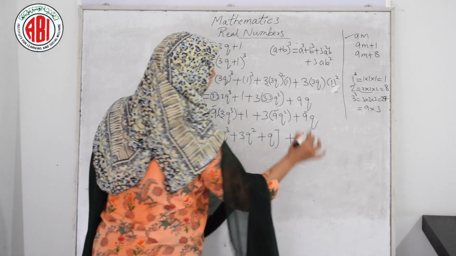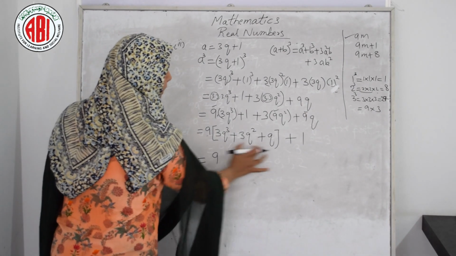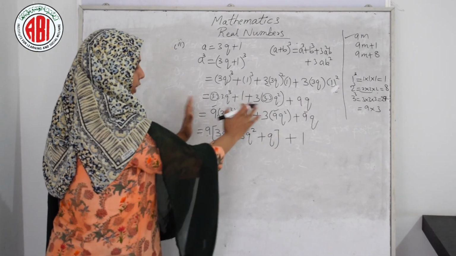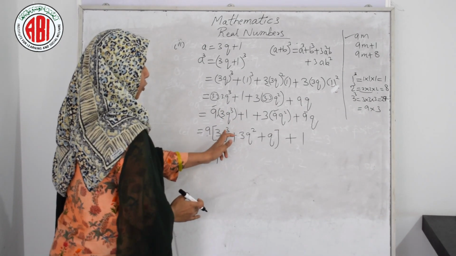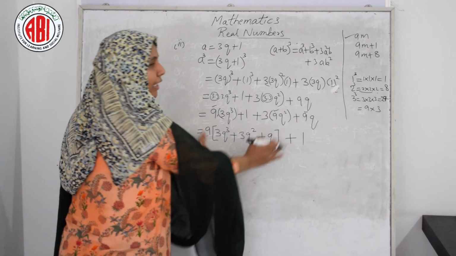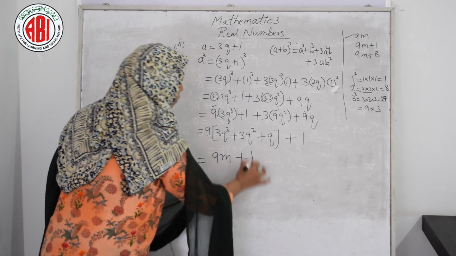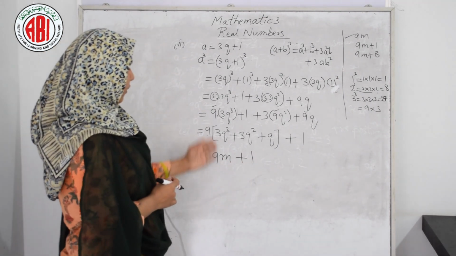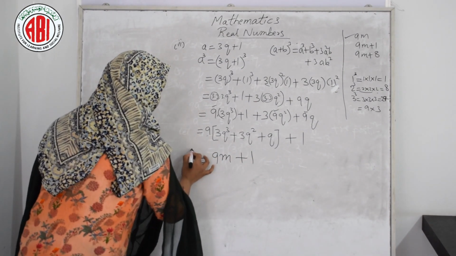So plus 1. So this is equal to 9 into 3q cube plus 3q square plus q, plus 1. It became one term. This one we are taking as m, so 9m plus 1. Now as we are getting 9m plus 1, a cube, can you see this?